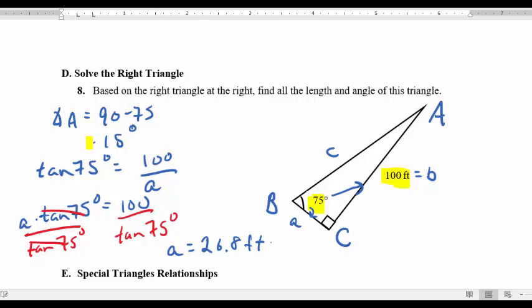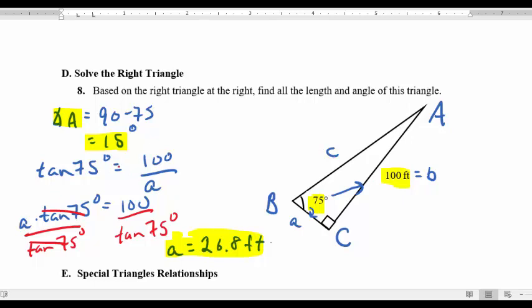So that's our side A, right? So we knew angle A was 15 degrees, side A is 26.8 feet, and now we're going to want the hypotenuse, which is C. So now when we're doing the hypotenuse, again, using our given information, we have the angle, we have the opposite, and now we want the hypotenuse. So which of the trig ratios involves opposite and hypotenuse? That's the O part. So it's sine of 75 is opposite over hypotenuse.